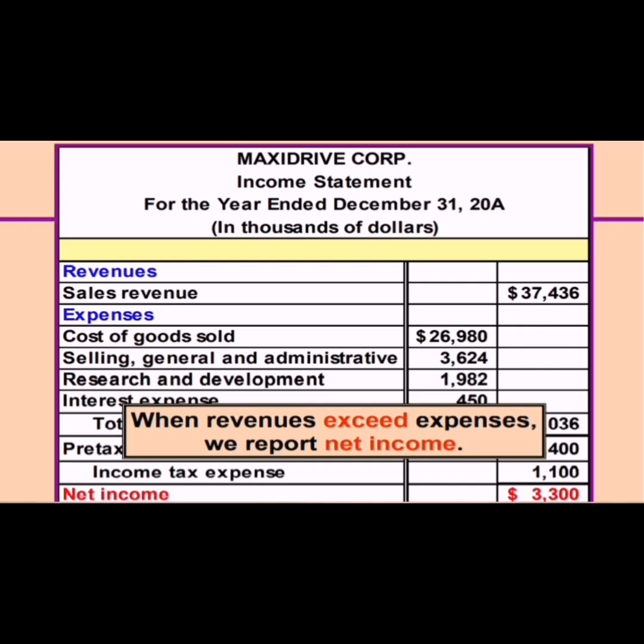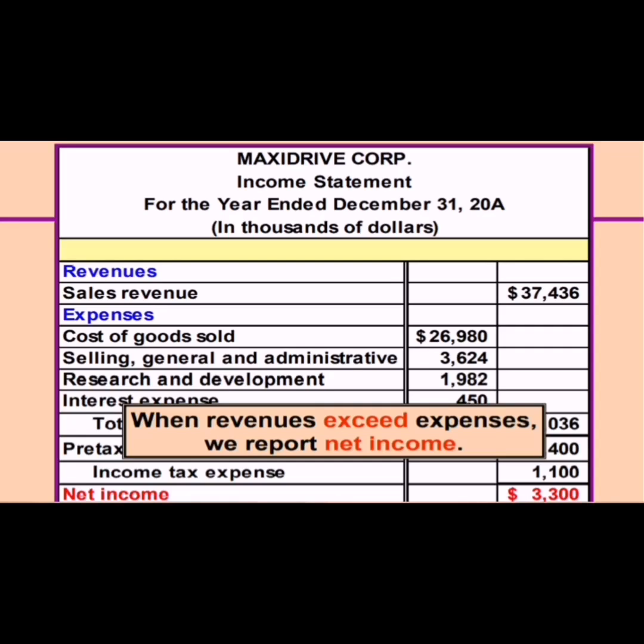So in this slide you can see the sales revenue generated by the business is 37,436, and from this revenue these specific expenses are deducted, and finally after the payment of tax expense, the net gain to the business is 3,300.